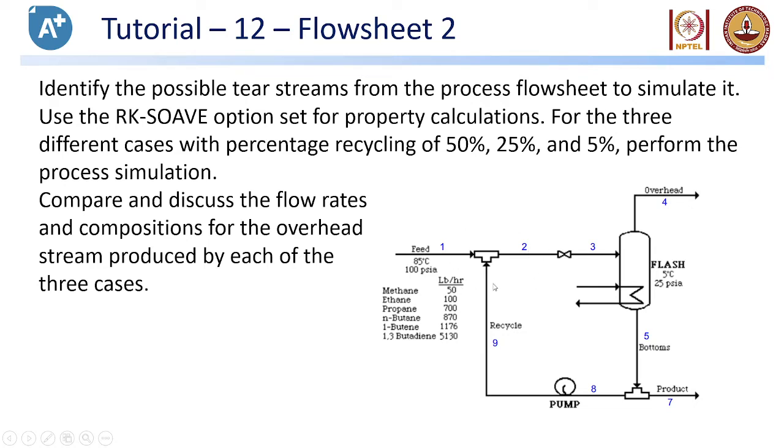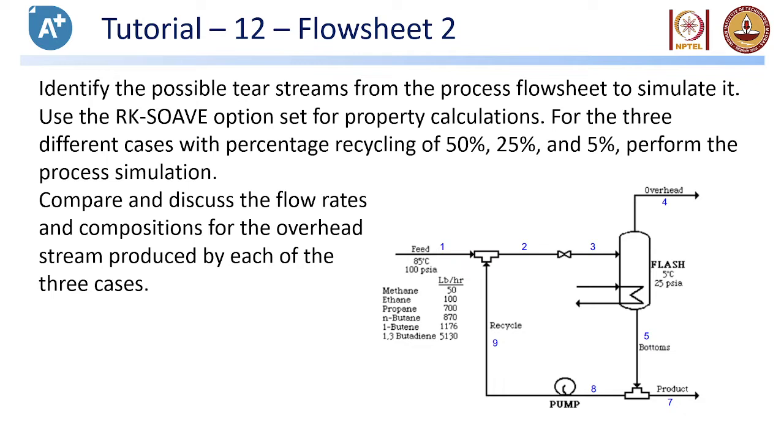Without doing the simulation, can you tell me the sequence of the simulation which Aspen does for this flow sheet? Just by looking at it, can you tell what the sequence is? Let's call them mixture, valve, then phase separator, splitter and then pump. What is the order of the simulation performed by Aspen?